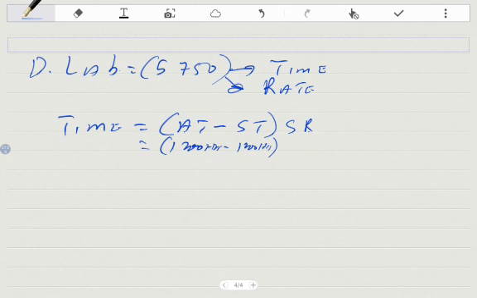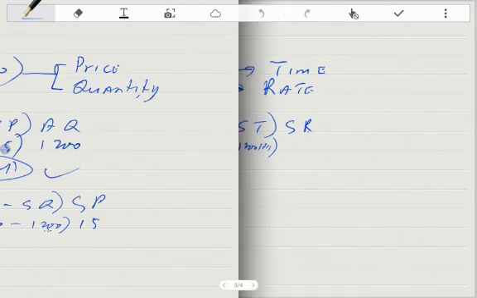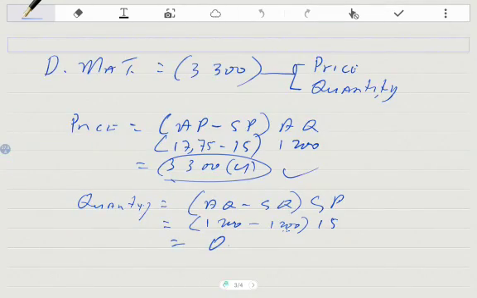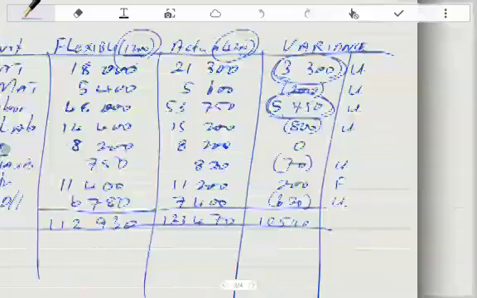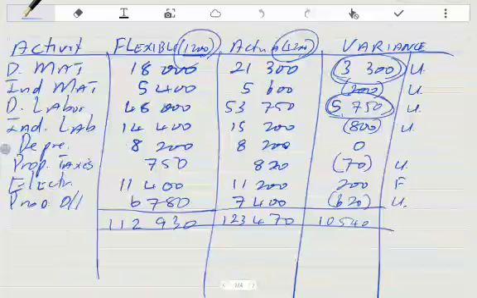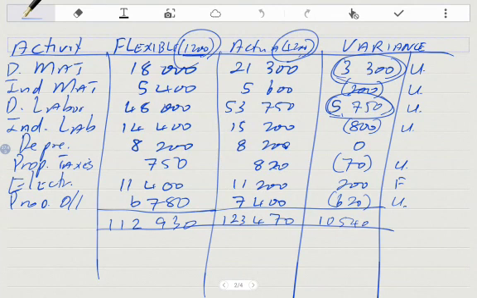Let's work out the standard rate. To have your standard rate, you simply go back to that information. Direct labor, you go to your flexible budget. You've got 48,000 there. Divide that 48,000 by 1,200.